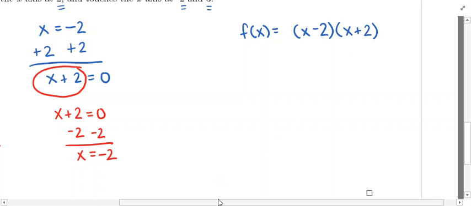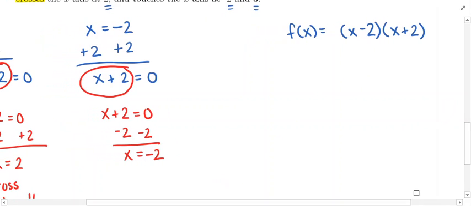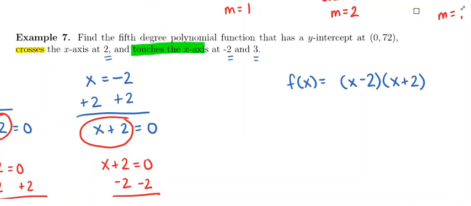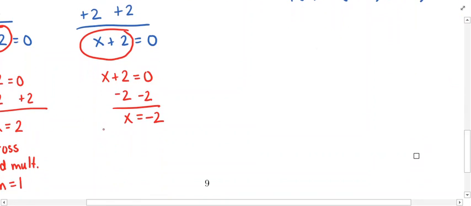Now we need to go back and look at the information about crossing and touching. For x equals -2, we're told that the graph is going to touch the x-axis here. That means that at x equals -2, the polynomial function touches, so we need to have an even multiplicity.